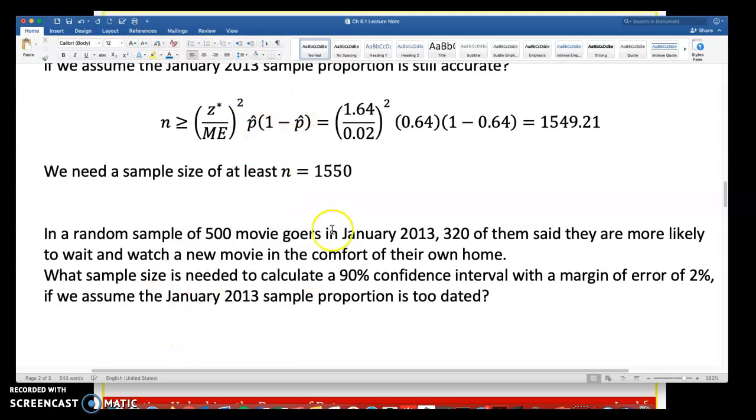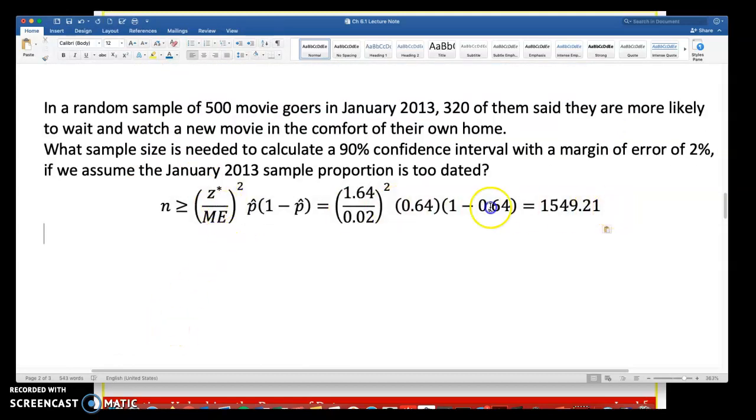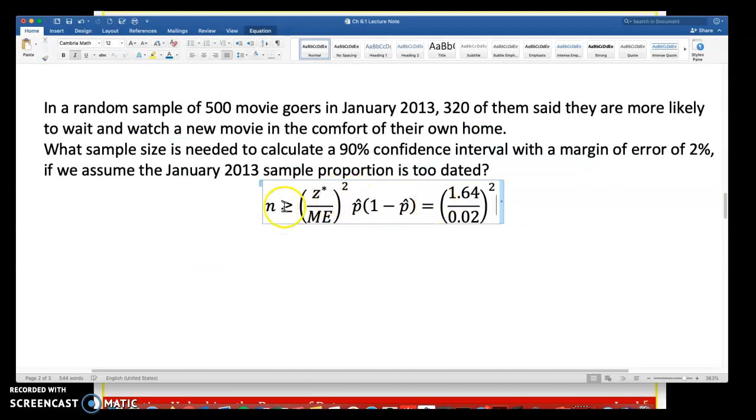I'm going to copy this and tweak this. So I'm using the same formula. n needs to be at least z star over margin of error squared times p hat times 1 minus p hat. We're going to use a 1.64 because it's a 90% confidence.